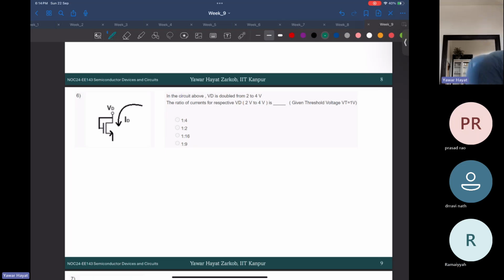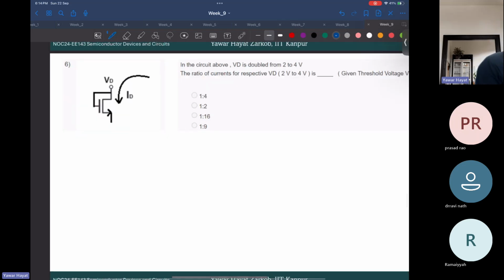Yeah, correct. The reason why I was interested in determining the operating region first was because I had to use the equations of the current. I had to take the ratio of the currents. So I'll use the saturation region equations.